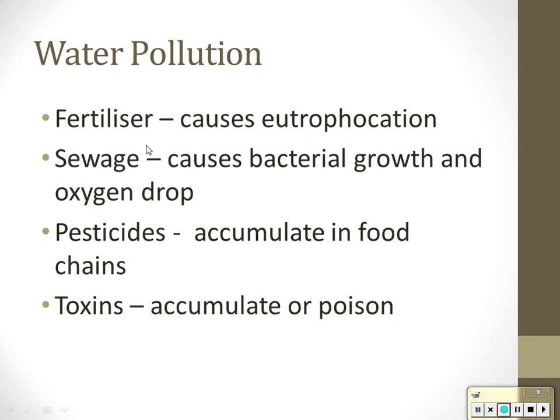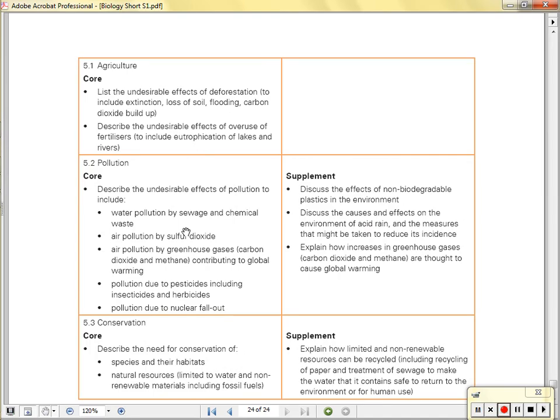Well, sewage does the same thing. You're adding nitrogen and bacteria straight into water sources. You get a sudden bacterial growth, which causes oxygen content to drop, and then everything else in the river and the lake dies. Acid rain, air pollution by sulfur dioxide, greenhouse gases, done.